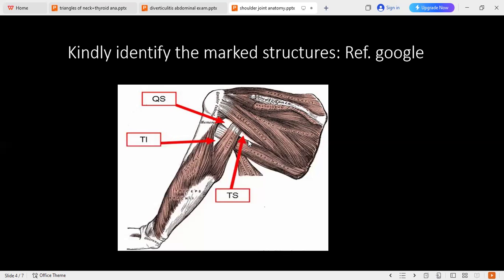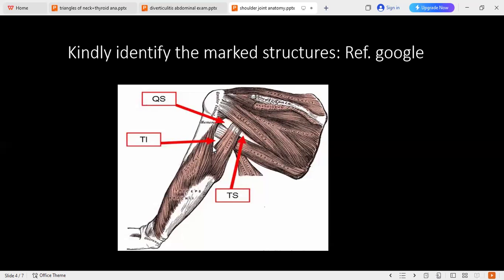What are the contents of TS? It's the circumflex scapular artery. Very good. Now please tell me the boundaries of T1, the triangular interval. Above is the teres major, and medially the long head of the triceps.